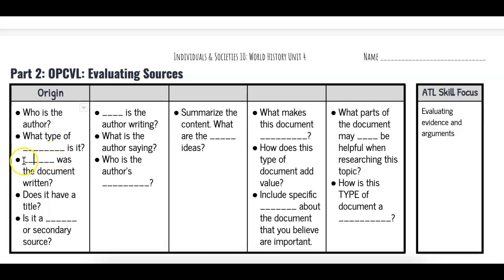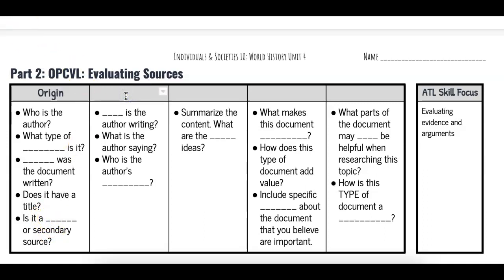Third, when was the document written? What is the year? What's the approximate date? What do we know about when? Fourth, does it have a title? Or is it more of a journal entry where it wouldn't necessarily have a title, as opposed to a law that's on the books that would? And finally, with origin, is it a primary or a secondary source, which again you learned about previously.